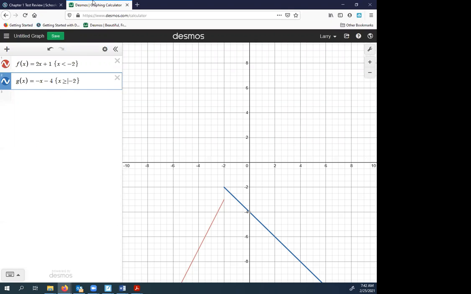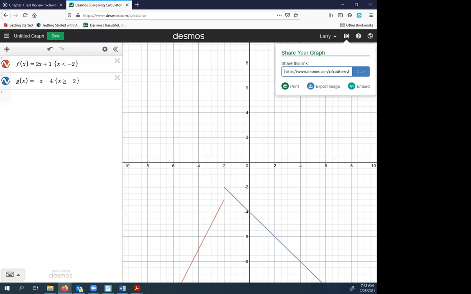And there's my graph. A lot of you did a very good job with this. There are 2 ways you can share it, or actually 3 ways. Some of you that were doing it on your phone, I saw you just took a screenshot with your phone and uploaded the screenshot. Great, that works. If you're on a non-mobile device, you could use copy and just copy and paste that link in for me and I'll see all your work.